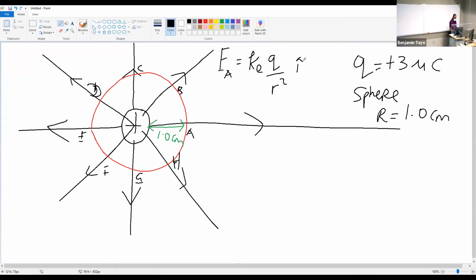So if you do this calculation correctly, you should get something like 2.70 times 10 to the power of 8. All of that should be pointing in the i-hat direction.